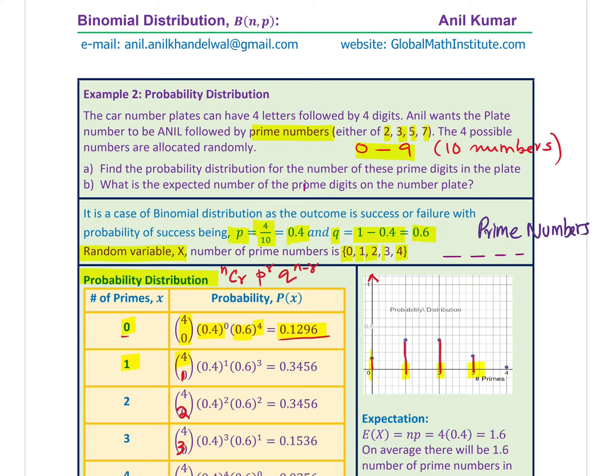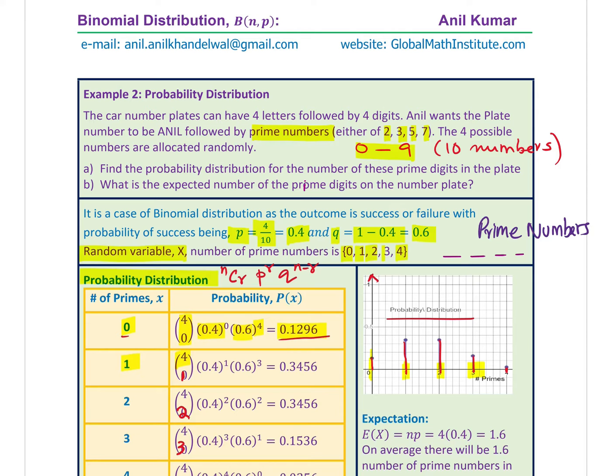The numbers written here are the number of prime numbers out of four places. You could have none of them, one, two, three, or all four of them. These have their distribution, and that graph is known as the probability distribution.